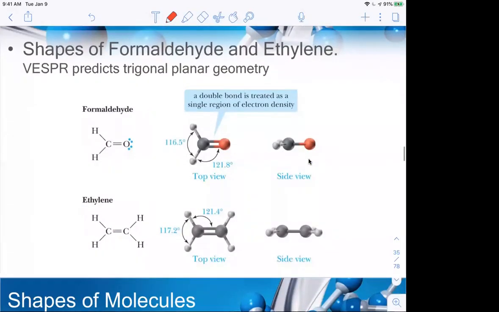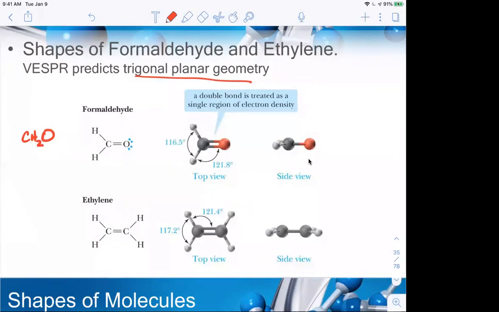So here, I'm looking at trigonal planar geometry, right? This would be CH2O, which is formaldehyde. Again, I have 3 areas of electron density, so that gives me 3 bonded groups, no lone pair, which gives me a trigonal planar geometry.